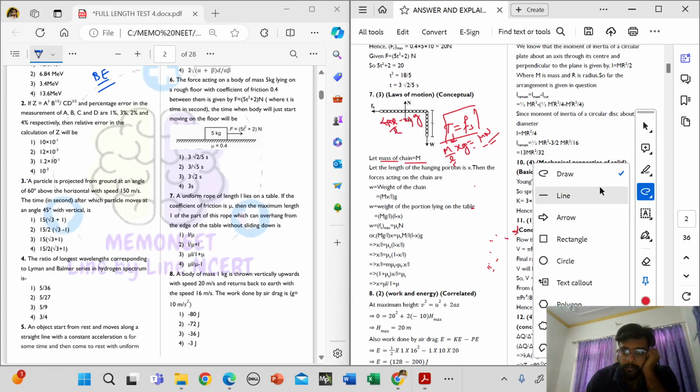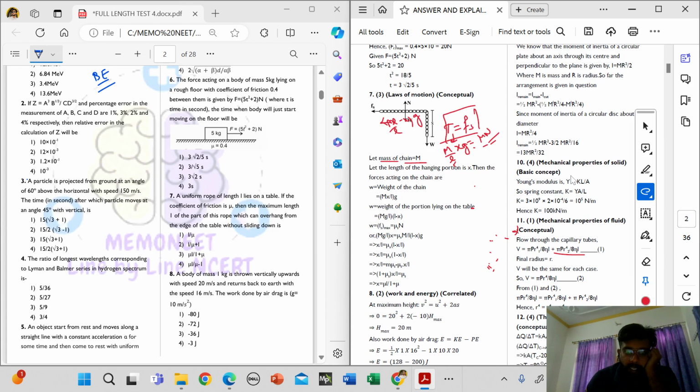A uniform rope of length L lies on the table. If the coefficient of friction is mu, then what is the maximum length of the part of this rope which can overhang from the edge of the table without sliding down? See, what is given here is that there is a rope. See this figure in the solution section.